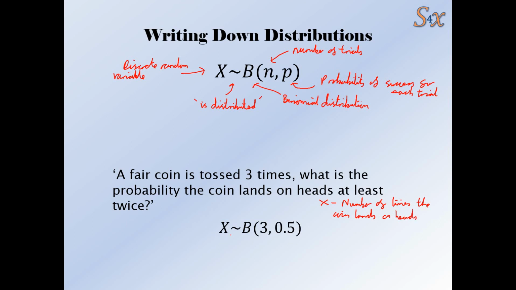And we're saying X is distributed with a binomial distribution with 3 trials, which we can see from here, and a probability of success of 0.5 because it's a fair coin. So because it's a fair coin, that means that p, the probability of success, is 0.5. Hopefully you can see where we get n and p from. The reason I'm really driving home this n and p idea is that we need them every time we figure out our probabilities. They're our inputs into the calculation to figure out probabilities.